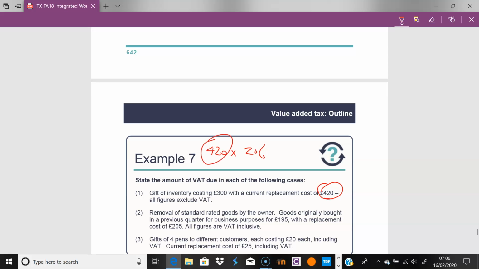This is all output VAT we're dealing with here, 0.2 times 420, which is 84. So that is the output payable, so to speak. The business has sold goods to the owner. The business has gifted goods, so in effect that's VAT that is due.